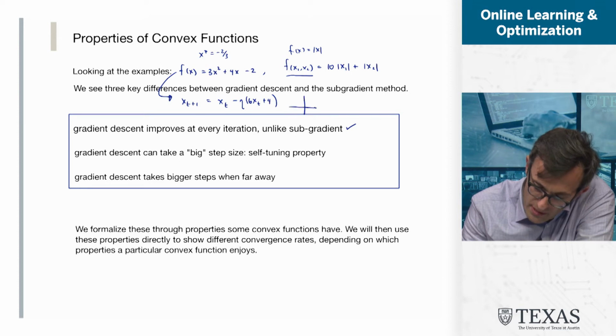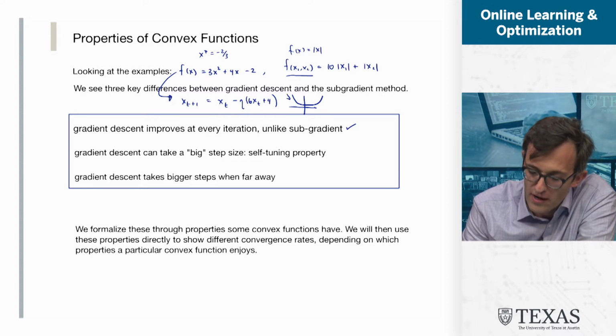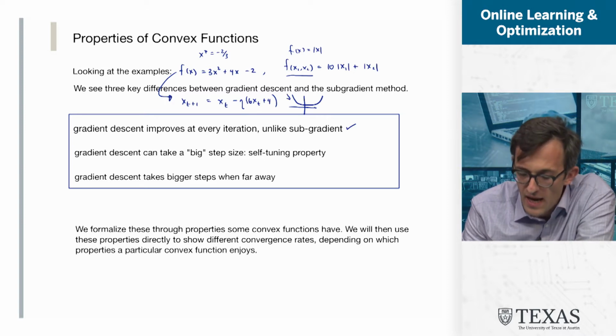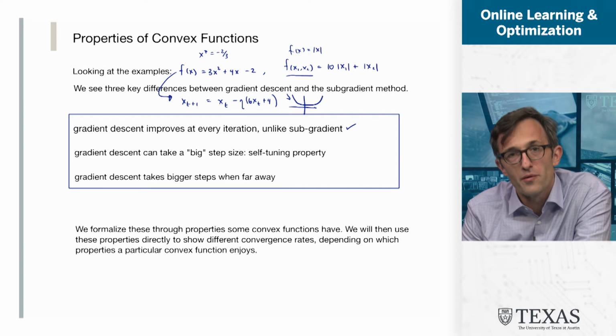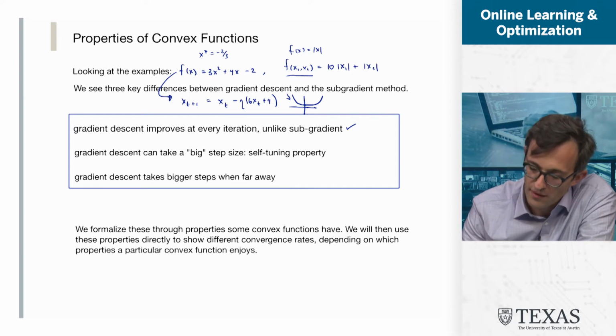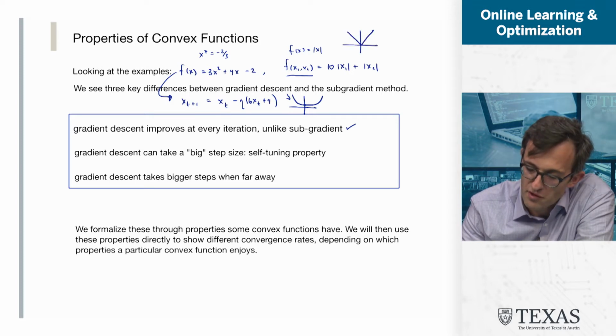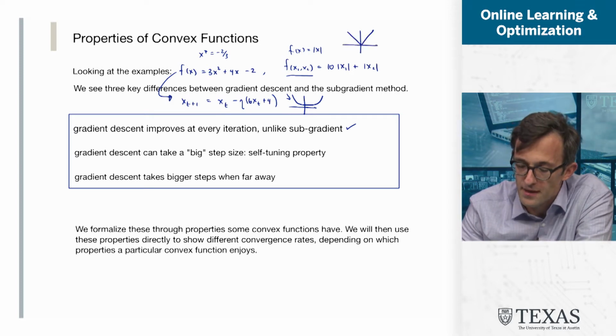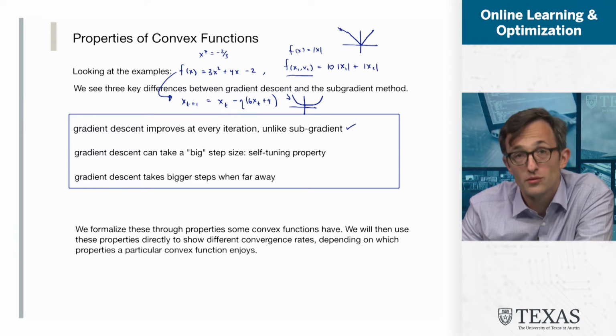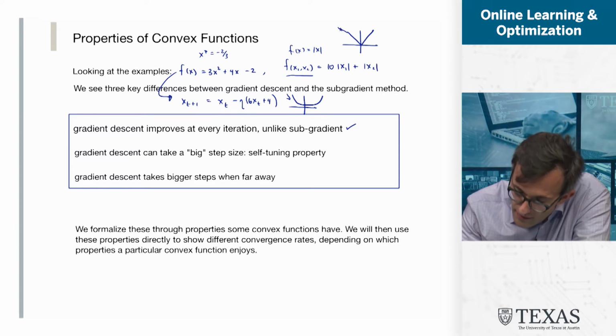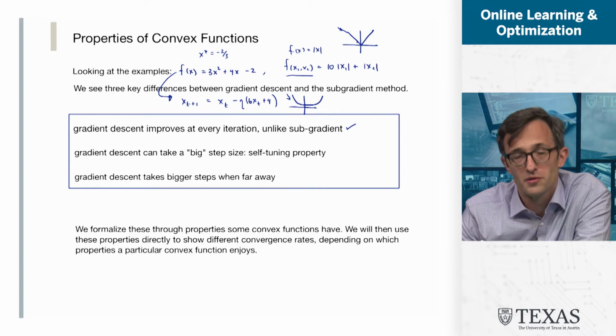We can see this in a picture as well. The gradient is big when we're far out away from the solution, but as we get down, the gradient gets flatter and flatter and flatter. Let's compare that to the absolute value. What's the value of the gradient very far away, say out here? It's equal to minus 1. What's the gradient arbitrarily close to the optimal solution, which is 0?